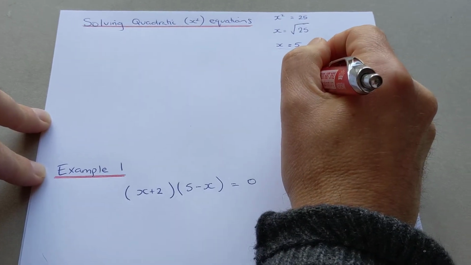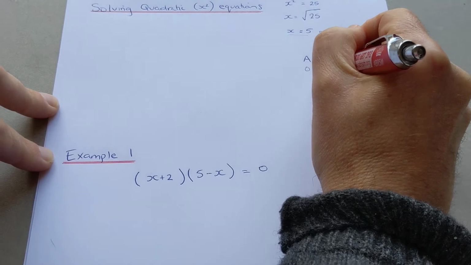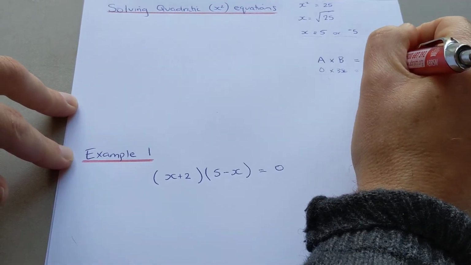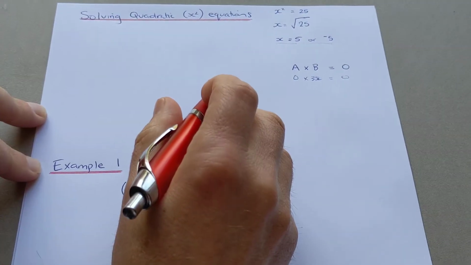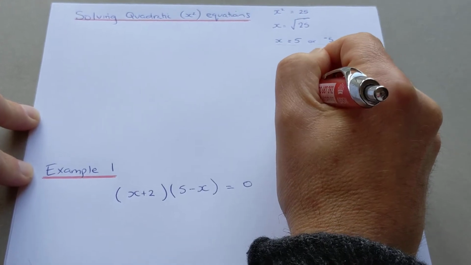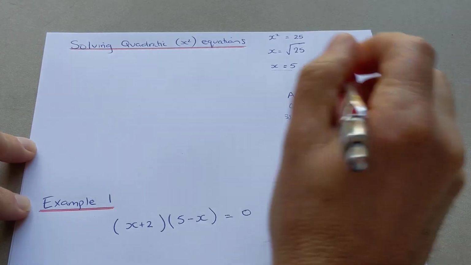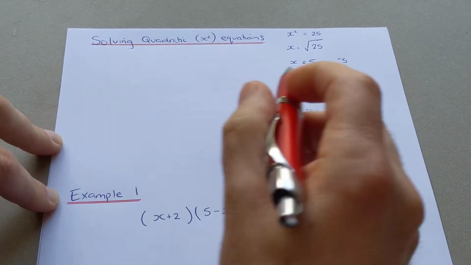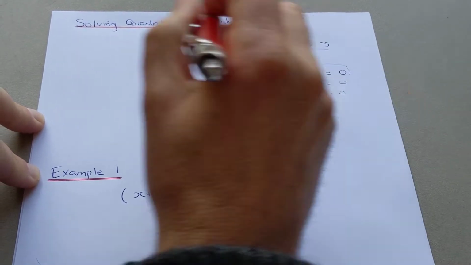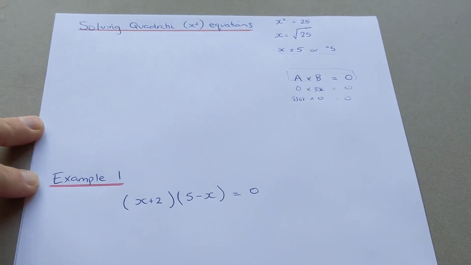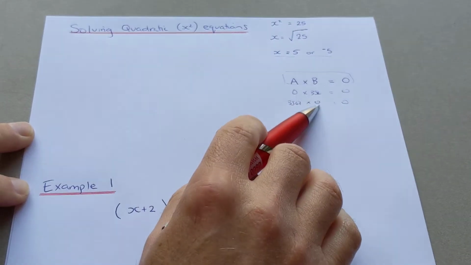So if A was equal to 0, doesn't matter what B is, the answer is going to be 0. Alternatively, if A was equal to some strange number and B was equal to 0, there we are. So the truth is, if you have an equation with two things multiplied together, there are two possible answers. A is 0 or B is 0.